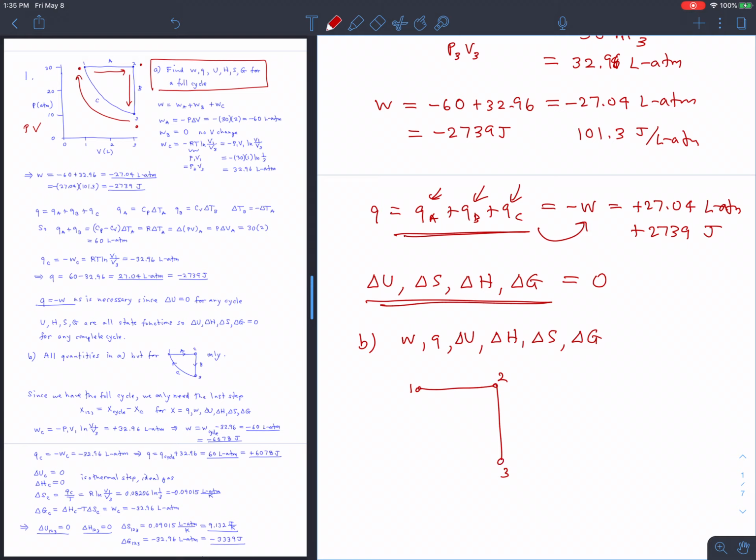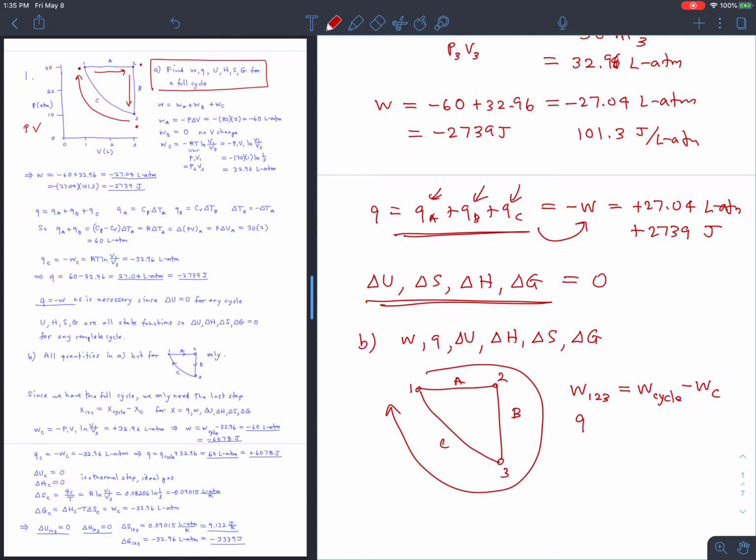But we already have the number for the full cycle, and so if this is step C here, then we know that, for example, work for step 1 goes to 2 goes to 3 has got to be equal to the work for the full cycle minus the work for just part C.